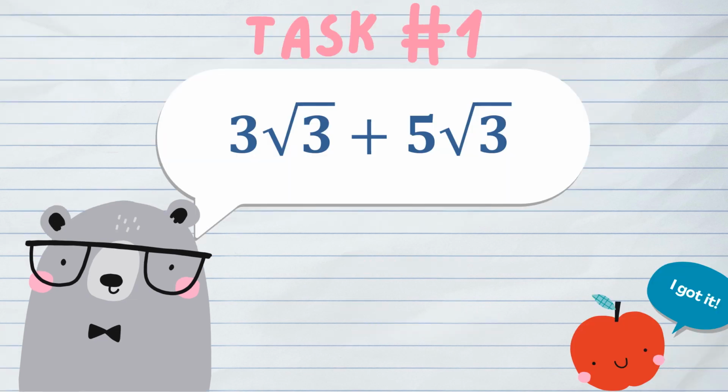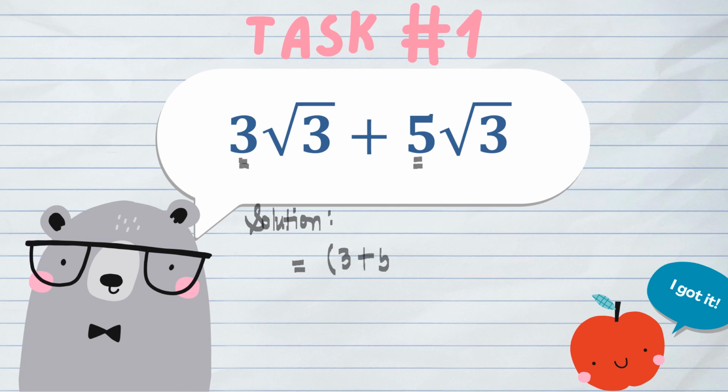Now let's proceed with the operations in radicals. I believe you are familiar already with similar and dissimilar radicals. Here, as you can see, we have similar radicals. So for our solution, I will start with getting all the whole numbers that we have here. So we have 3 and then 5.